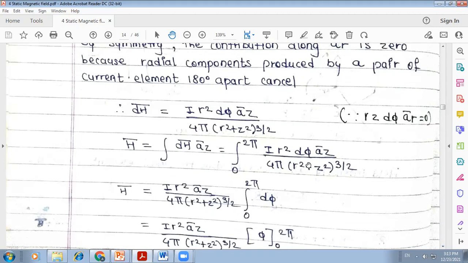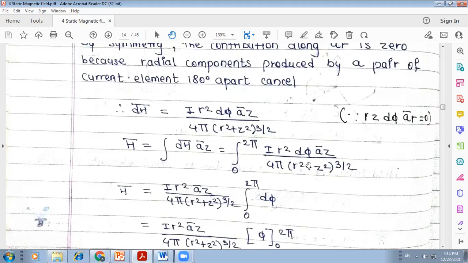When we consider the cylindrical coordinate system, there are 3 coordinates: R, phi and Z. Radius varies from 0 to infinity, since radius cannot be negative.